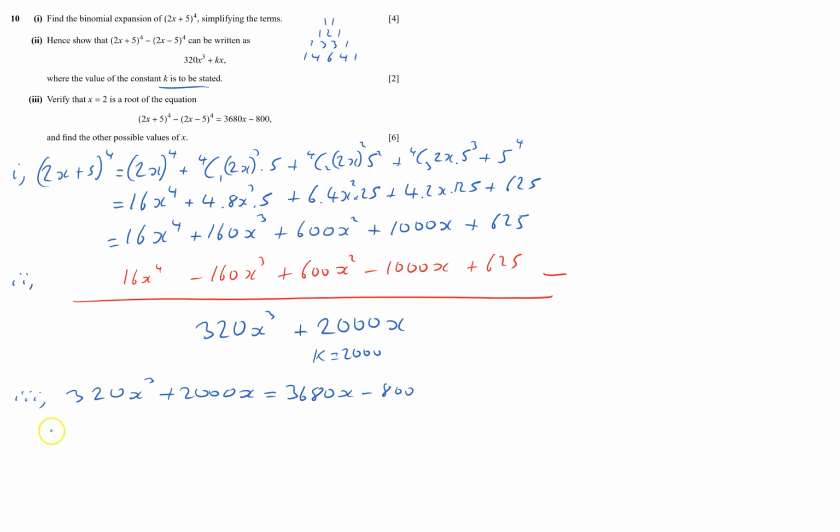Put it onto one side, that gives me 320x cubed minus 1680x plus 800 equals 0.